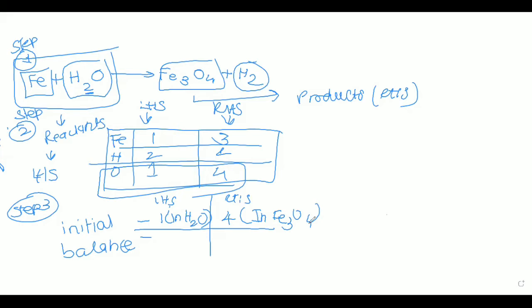Okay, that is the initial part. Now, what can we do to balance it? We need to make one oxygen atom 4 so that both LHS and RHS get balanced with the oxygen atoms. So what we can do is multiply 1 by 4 and keep 4 as it is in Fe3O4.